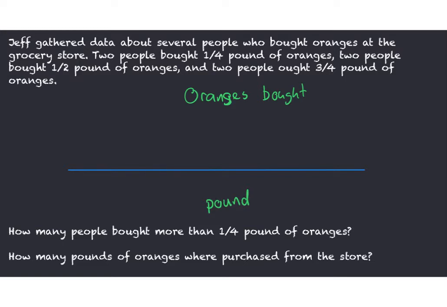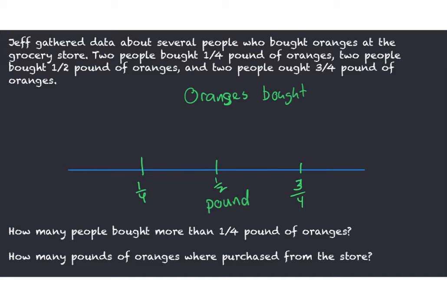Then we need to think about what numbers we need to put on our number line. If we look at our data, I see that the smallest amount or the smallest unit that we have here is 1/4 of a pound, and the largest one I see is 3/4 of a pound. So I'm going to go ahead and label this 1/4, 1/2 and 3/4.